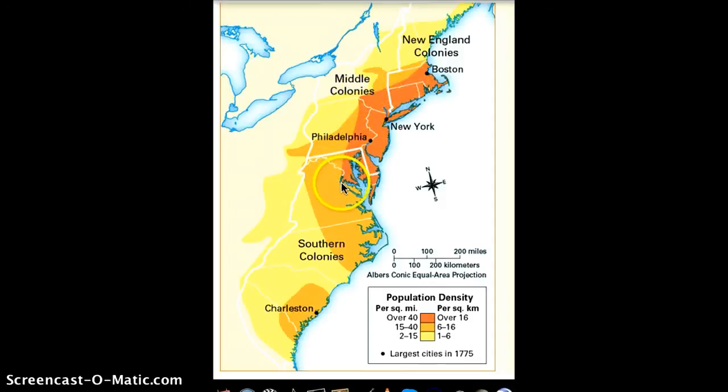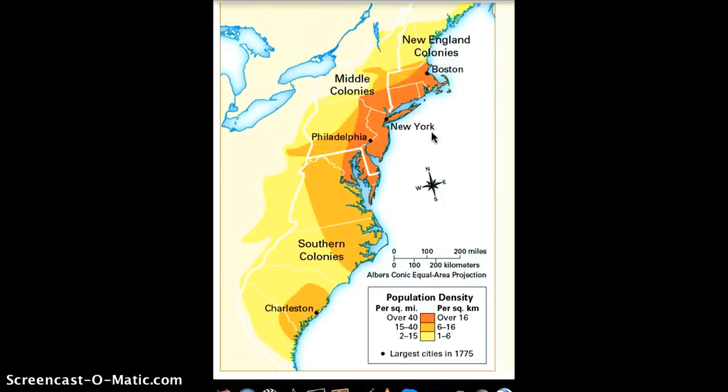Okay, over 40 people per square mile. In the next shade of yellow or orange, depending on how you look at it, we see that between about 15 and 40 people per square mile live in these areas. Then we take a look at this one, and these are what we would call the outlying areas of the colonies. Okay, only 2 to 15 people per square mile are living in these areas.